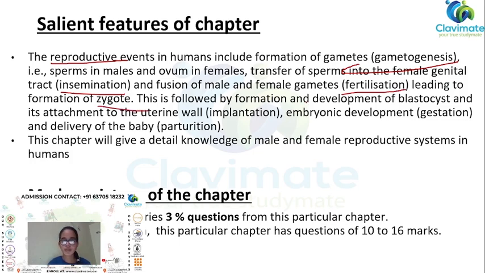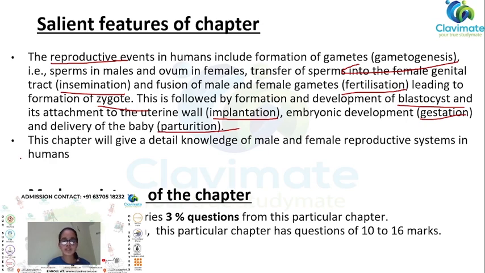This is followed by formation and development of blastocyst and its attachment to the uterine wall, which is termed as implantation, followed by embryonic development, that is the gestation period, and finally the delivery of the baby, that is parturition.